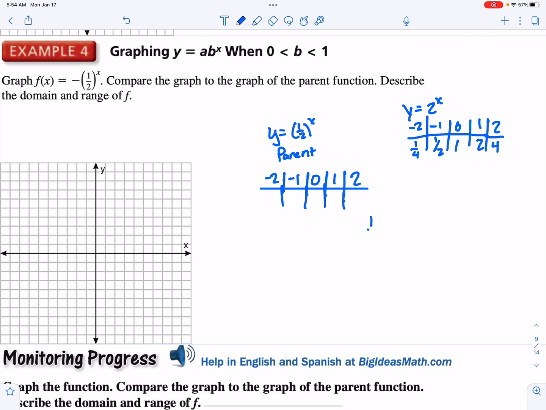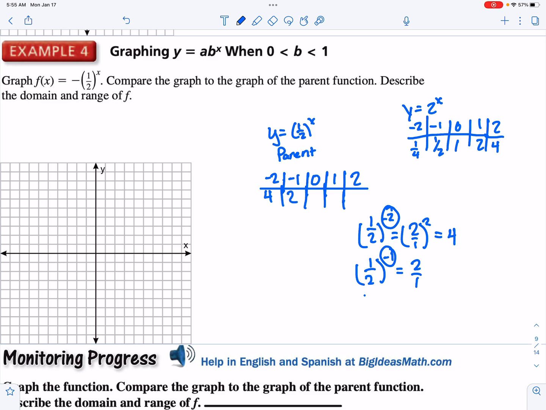So if I take 1/2 to the -2 power, again, we know negative exponent means reciprocal, so that means I flip my fraction, and now I can evaluate. So 2 to the second power is going to be 4. And it's going to look similar when I take it to the -1 power. Again, we just flip it to 2 over 1, and 2 to the first power is just 2.